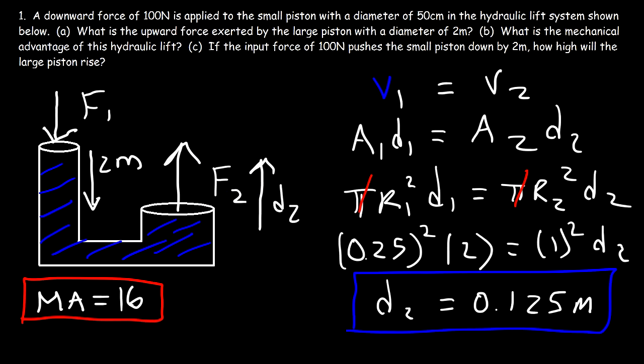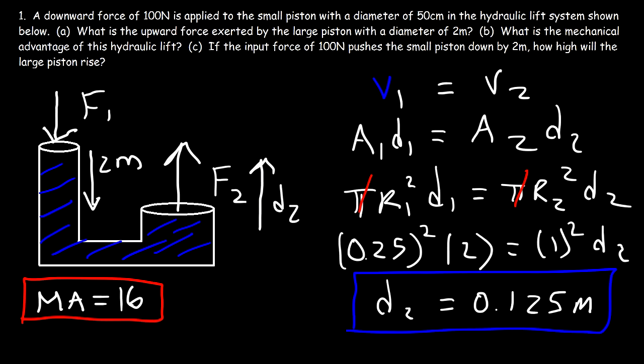So in order to multiply the force by a factor of 16, we had to pay the price by exerting the small force for a longer distance. And so the machine exerted a large force for a shorter distance. And so that's why the force was multiplied.